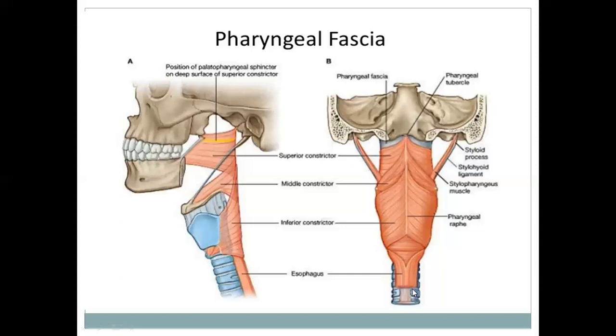This cricopharyngeus arises from the lamina of the cricoid cartilage and continues with the esophagus, and it forms the upper esophageal sphincter for the esophagus. So we have the superior constrictor, the middle constrictor, and the inferior constrictor with two parts, the thyropharyngeus and the cricopharyngeus.